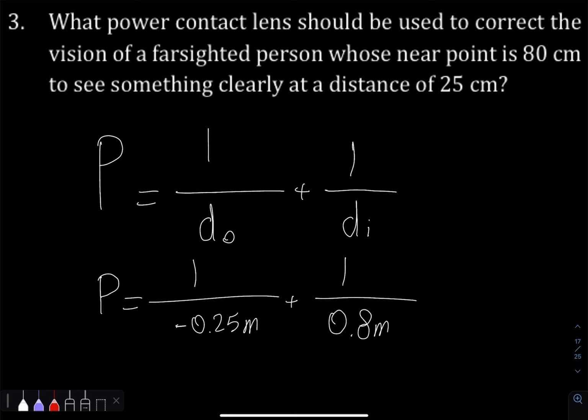I'm sorry, this should be positive. This should be negative, right? The image is negative, but the object distance is always positive. So this gives us 2.75 diopters.